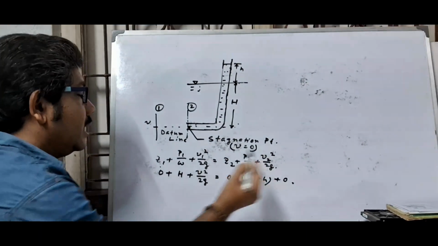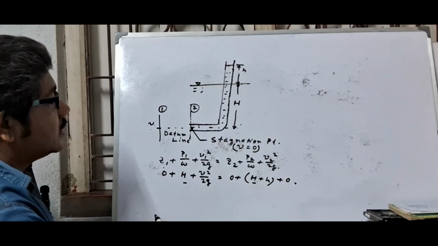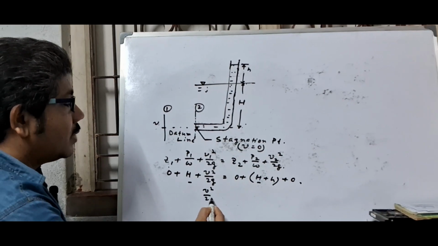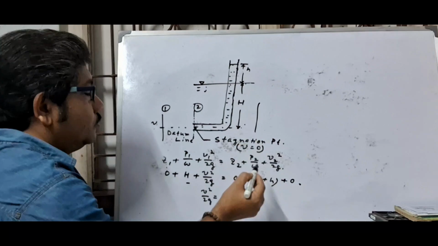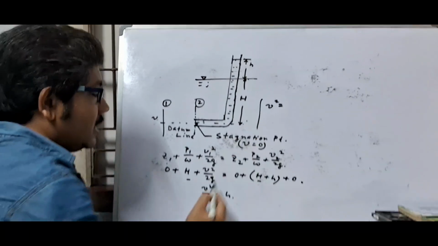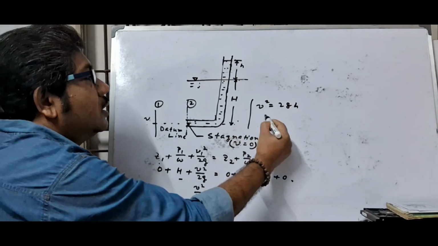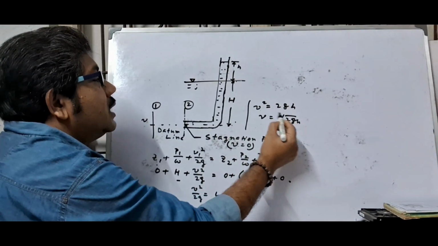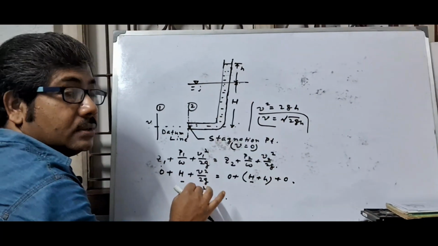So here look, capital H will be cancelled, and here V square by 2g is equal to small h. So here V square equal to 2gh. So V equal to root 2gh, and this is the theoretical value of velocity.